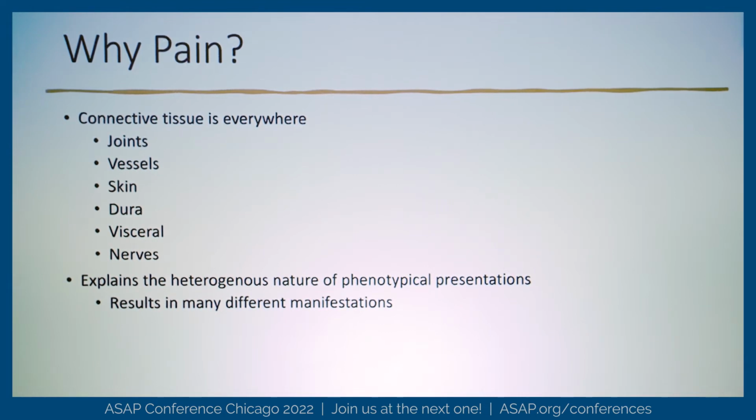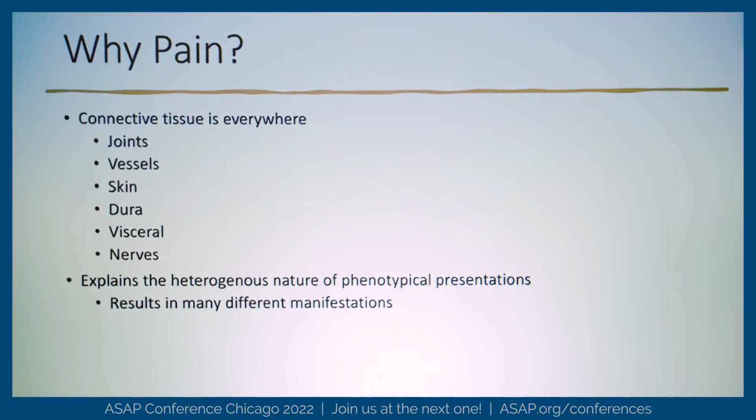And even our peripheral nerves, the endoneurium contains fibrous sheaths that have not only collagen fibers, but blood vessels and fibroblasts. And while they're found on all peripheral nerves, the sheath of the collagen is much thicker over myelinated nerves. And so this explains the heterogeneous nature of the phenotypical presentations that we see.